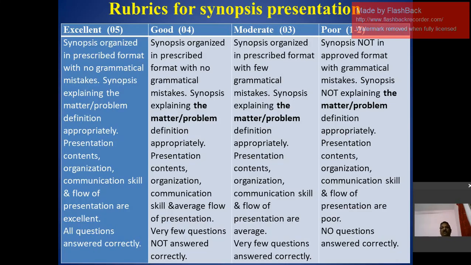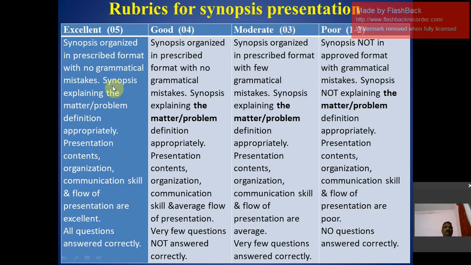Then these are the rubrics for synopsis presentation. Of course this synopsis presentation is for 5 marks, therefore the maximum marks mentioned here is 5 for excellent, 4 for good, 3 for moderate, and 1 or 2 for poor.